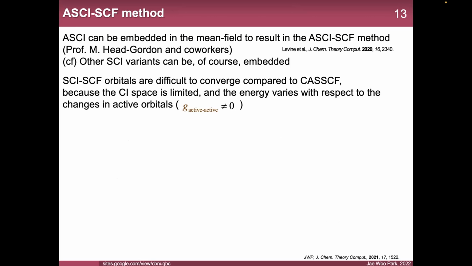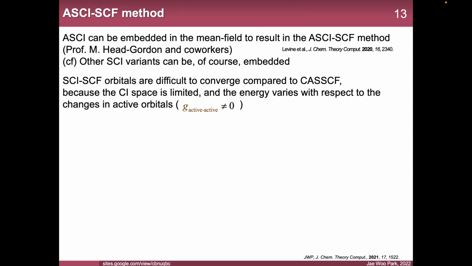And the second part will be treating large active spaces. The ASCI method by Professor Martin Head-Gordon and coworkers can be embedded in the mean field to result in the ASCI-SCF method. And other selected CI variants can, of course, be embedded in the mean field to result in HBCI-SCF, SCI-SCF, CIPSI-SCF, whatever.